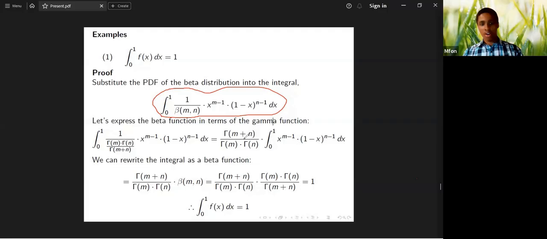The sum of them. So when we do this, we get that gamma of (m plus n) over gamma m times gamma n is equal to the definite integral from 0 to 1 of x^(m-1) times (1-x)^(n-1) dx. This whole integral here is similar to the beta function, beta(m, n).